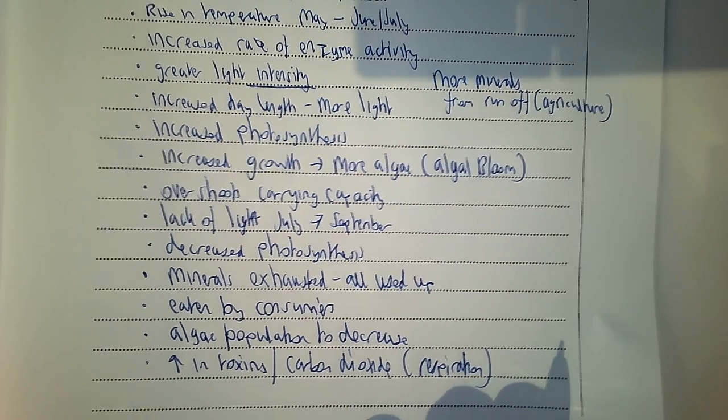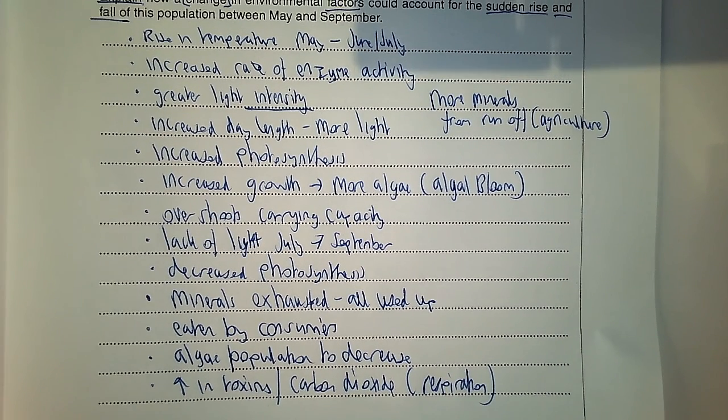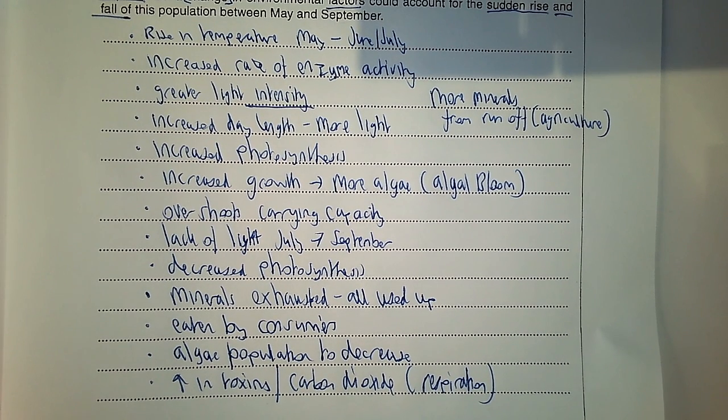So that's the answer then for how the environmental factors changing would account for a sudden rise in the population of algae and a fall in the population of algae in a freshwater lake.